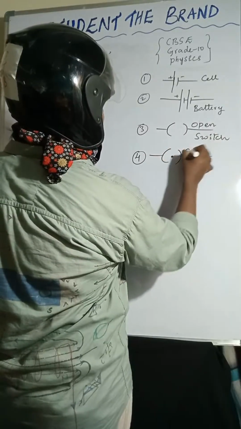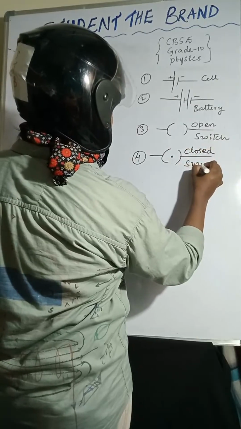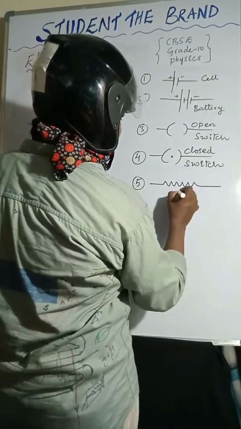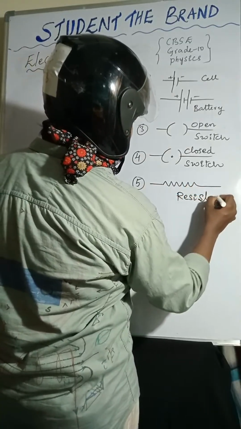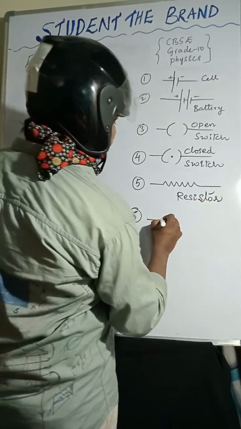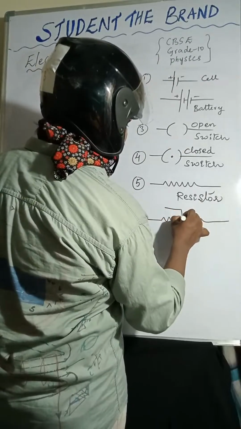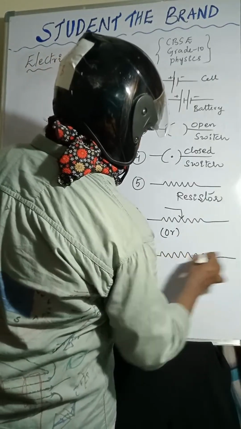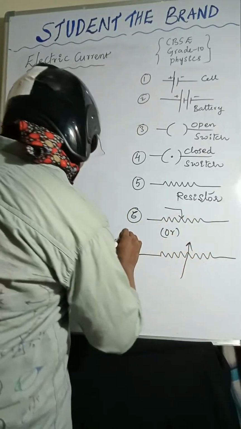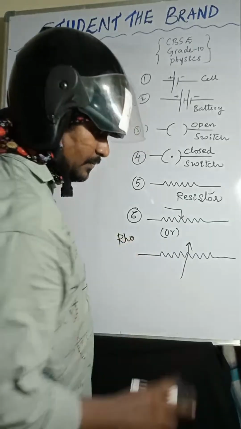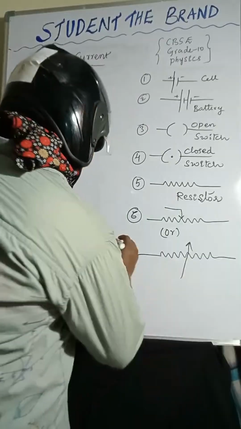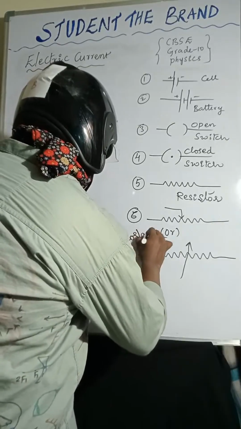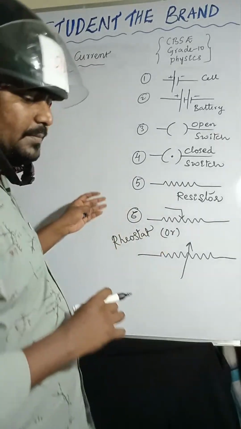Fifth one, resistor. Sixth one is rheostat.